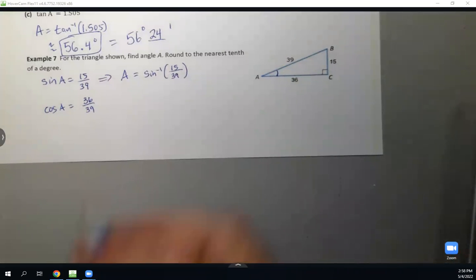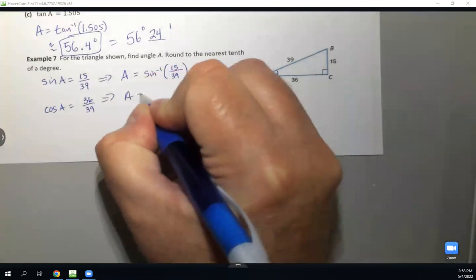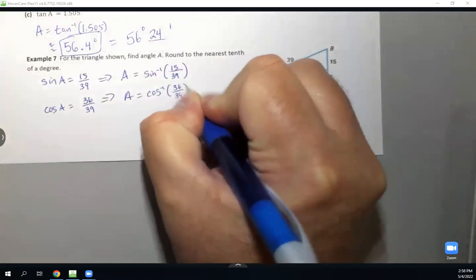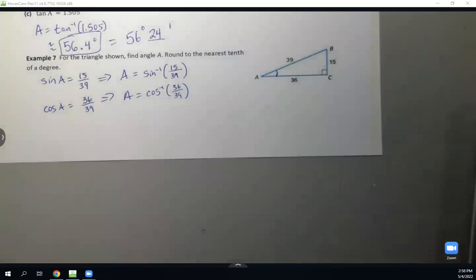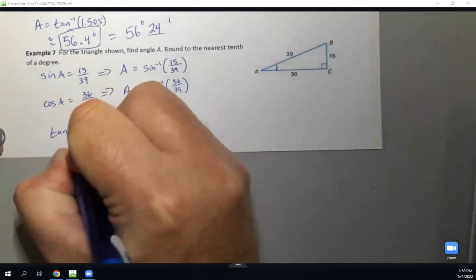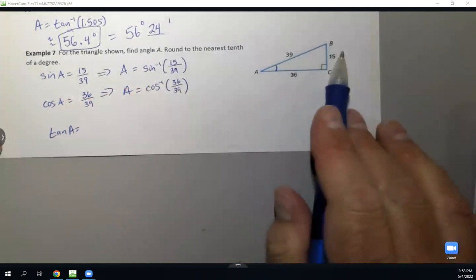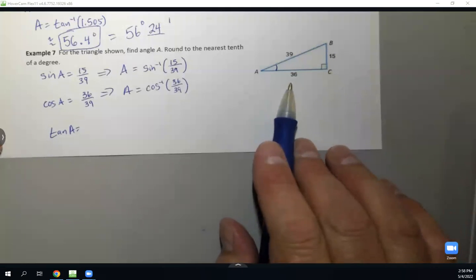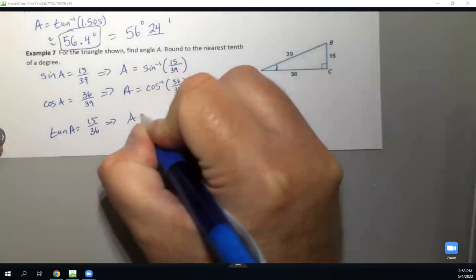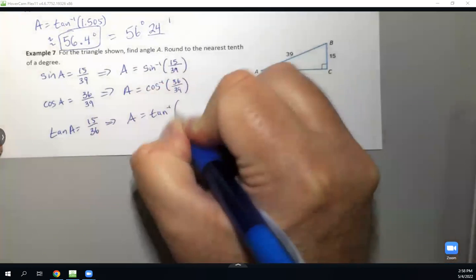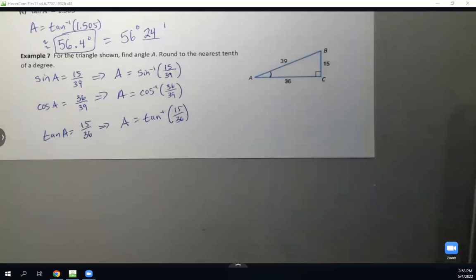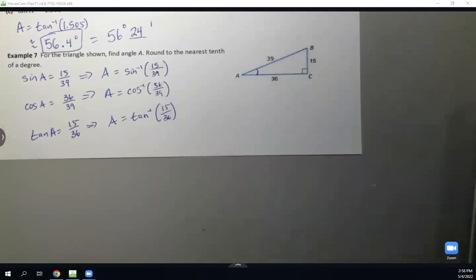You with me? And if that's the case, then A would be the inverse cosine of 36 over 39. And if you prefer tangent, well, you know the tangent of A would be the opposite, which is 15 over the adjacent, which is 36. So that means angle A would be the inverse tangent of 15 over 36. We okay with that?